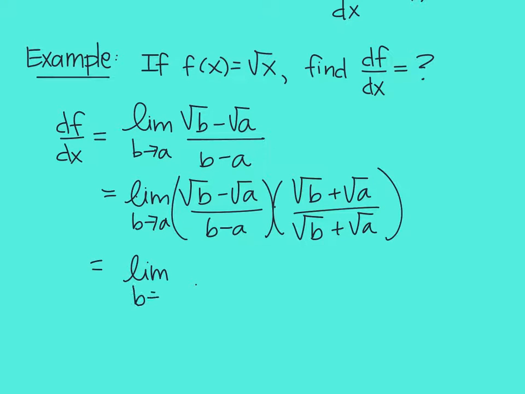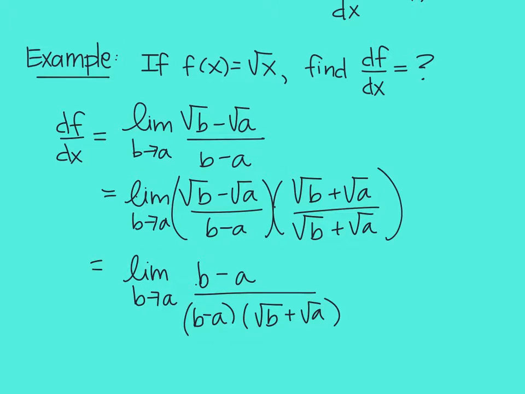When you multiply by a conjugate, the numerator simplifies to b minus a, because we'll get rad b times rad b, which is b. And then we have the two center terms, which are going to cancel out, rad b rad a minus rad b rad a, and then minus the square root of a squared. And that would be over the denominator, which also had b minus a in it, but still has the leftover part of the conjugate.